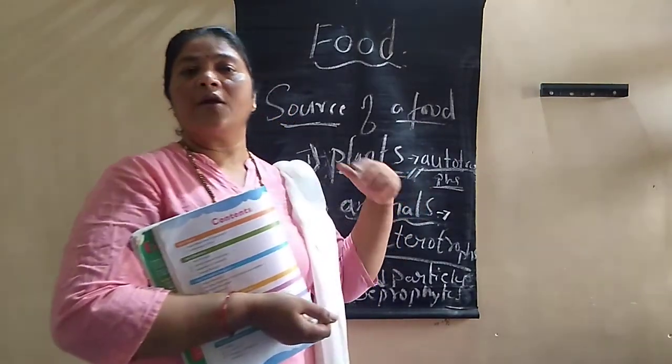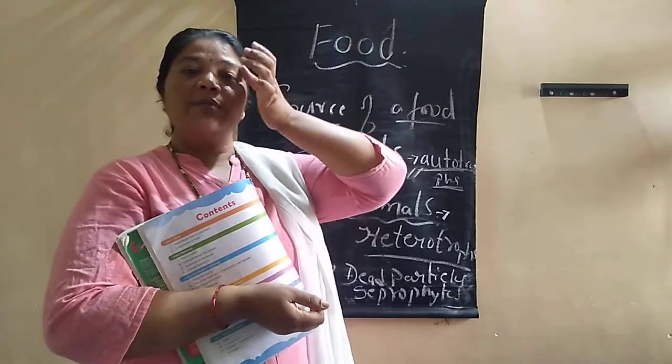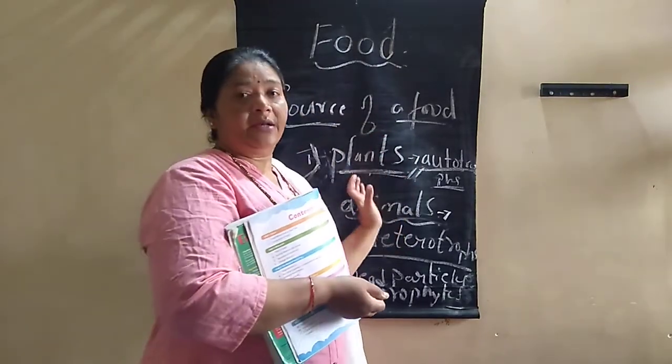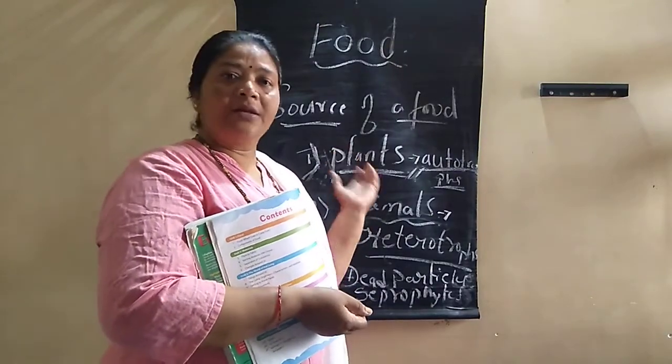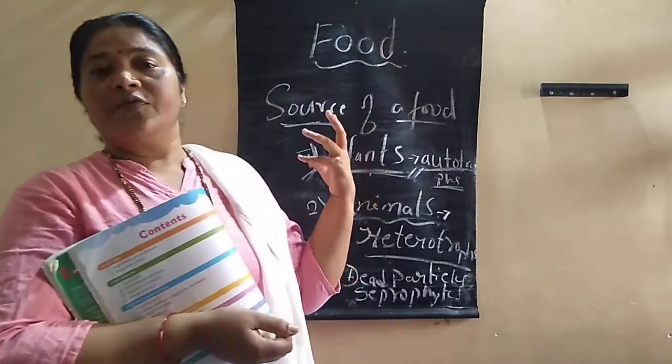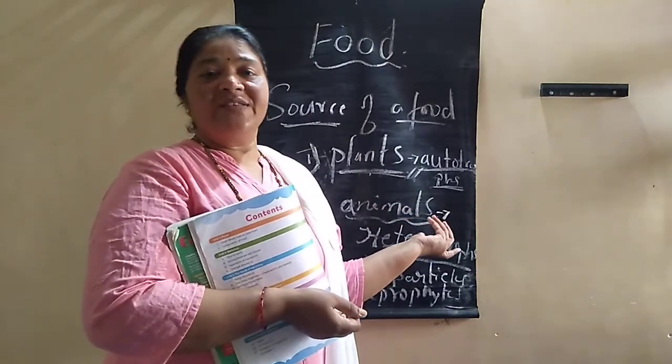Make groups from your surroundings: what animals are there, including human beings, what they eat, and whether they take their source of food from plants or animals. This is today's activity.